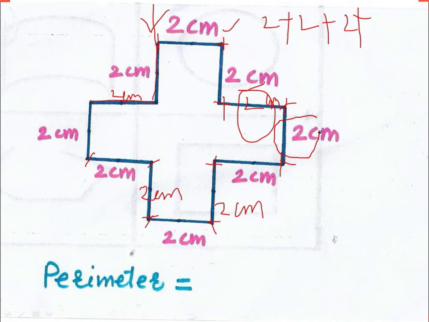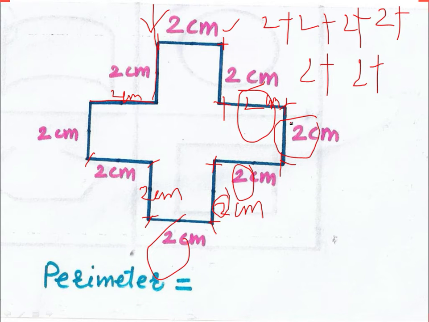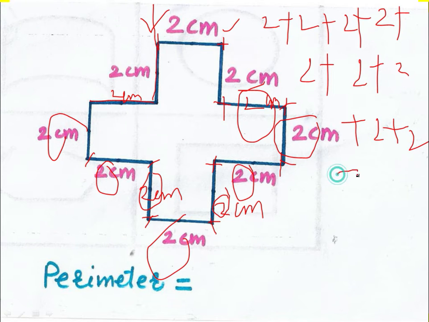plus this 2 plus this 2 plus this 2 plus this 2 plus this 2, then plus again this 2 plus this 2 plus this 2 plus this 2.